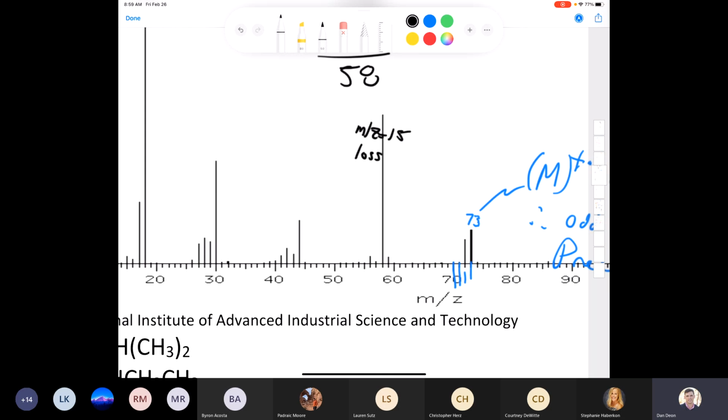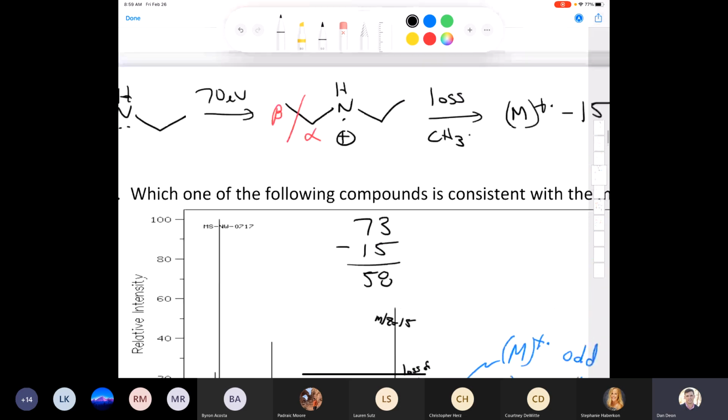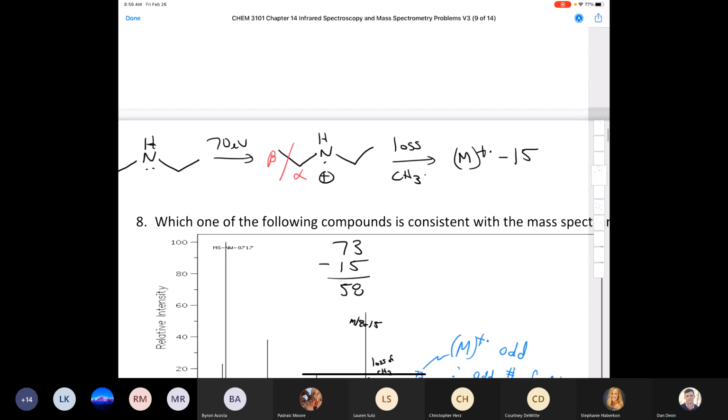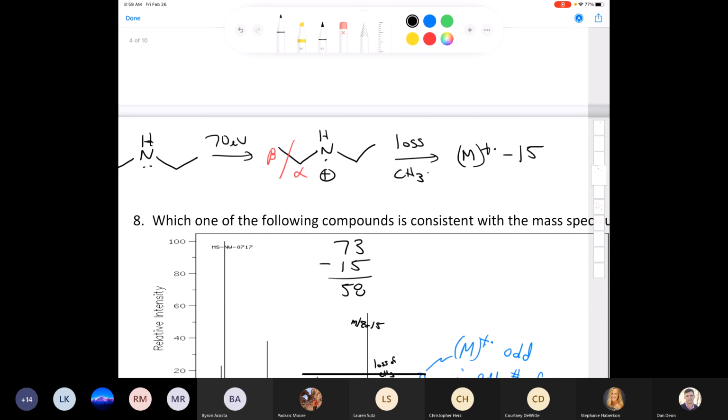So this is the loss of the methyl radical by alpha cleavage. Okay.